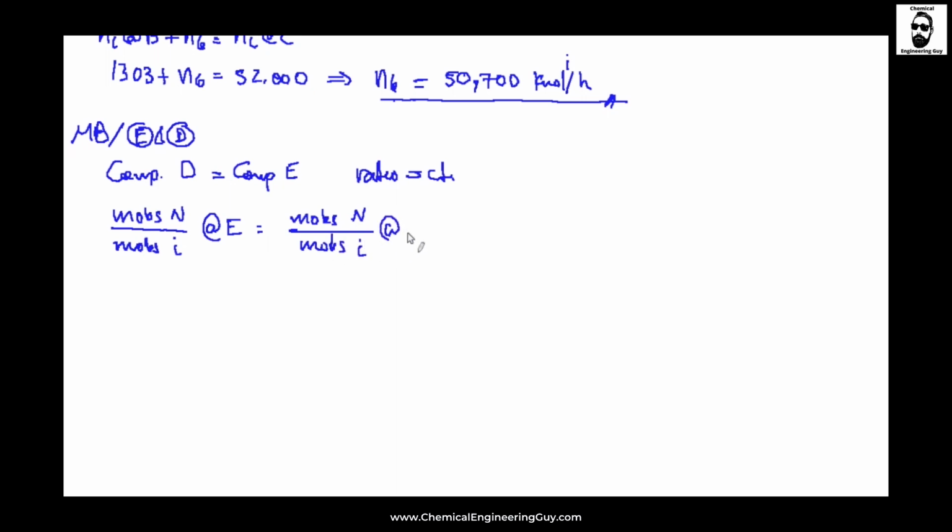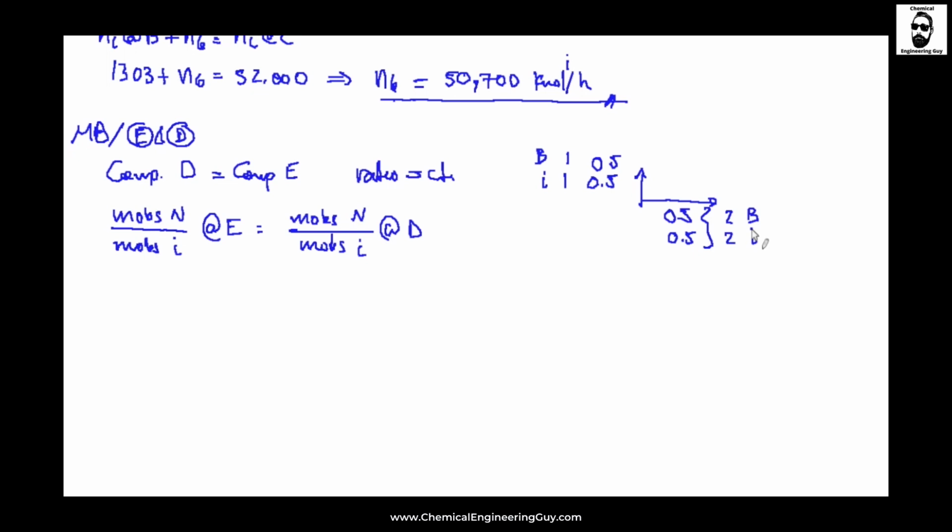Just to let you know, for example, if we got 50% here and here, you have 2 moles and 2 moles, and you have 50% and 50%, and you got only 1 mole and 1 mole. The compositions are the same, but the mole flows are not the same. Let's say this is butane and this is isobutane.